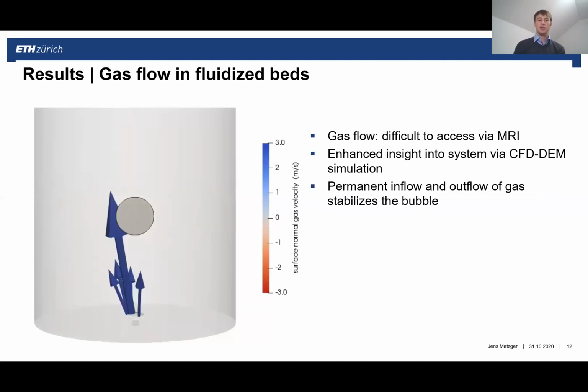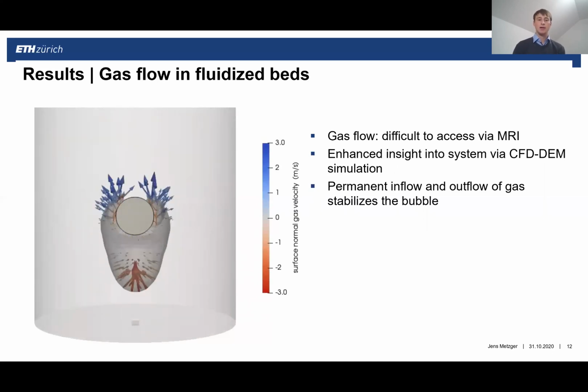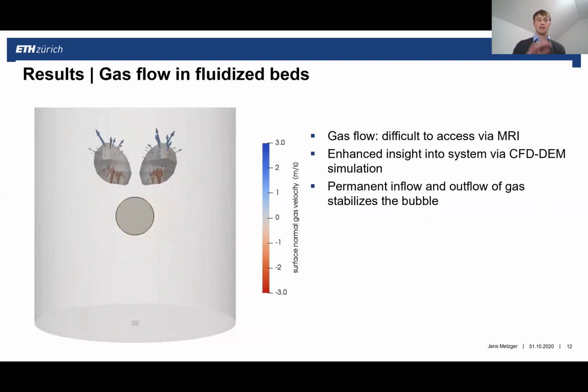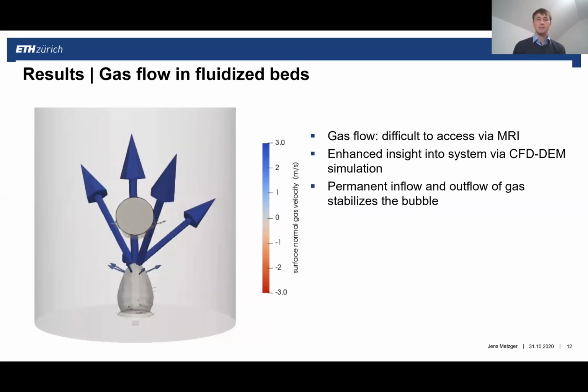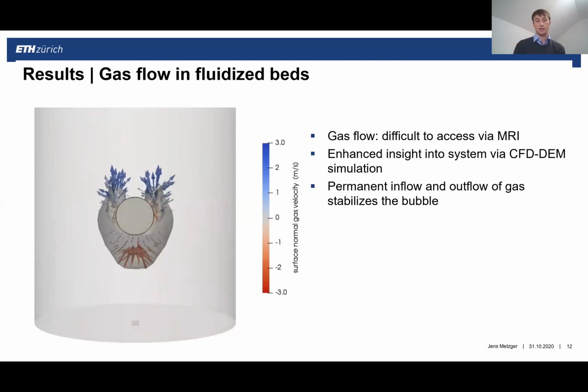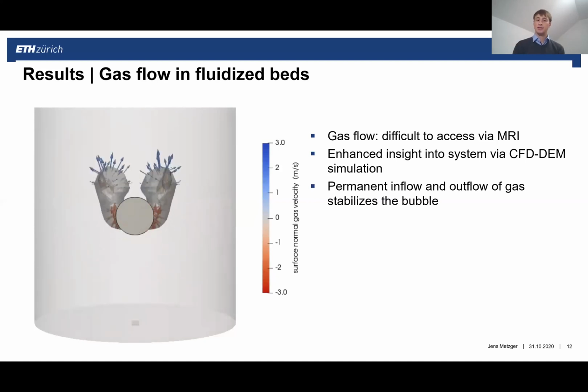In the simulation on the left, you can see how the gas is entering the bubble, represented by the red arrows pointing into the bubble, or escaping the bubble at the crown of the bubbles, represented by the blue arrows on top of it. So those simulations can really estimate quantities that are not easily accessible by means of, for example, MRI, but accessible by means of simulations.